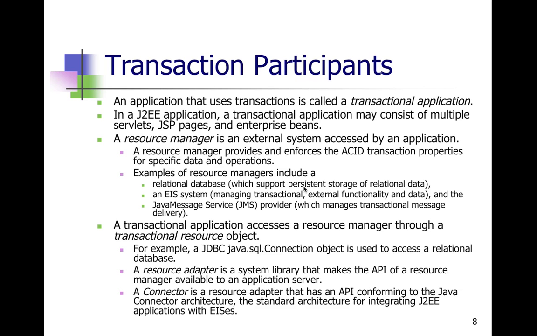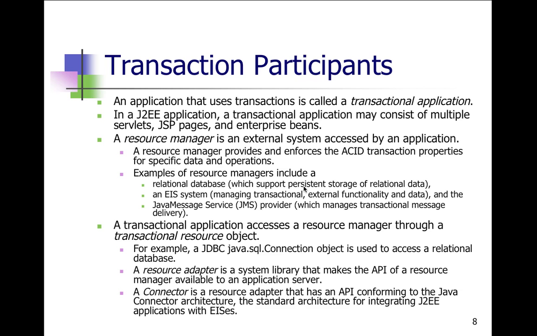A transactional application accesses a resource manager through what's called a transactional resource object. We've seen an example of a transactional resource object: the connector object in JDBC. We wrote a Java program several weeks ago, and we looked at the JDBC connection. That JDBC connector object is the resource manager for the database.